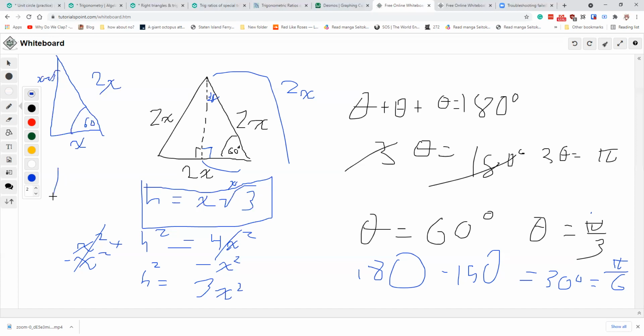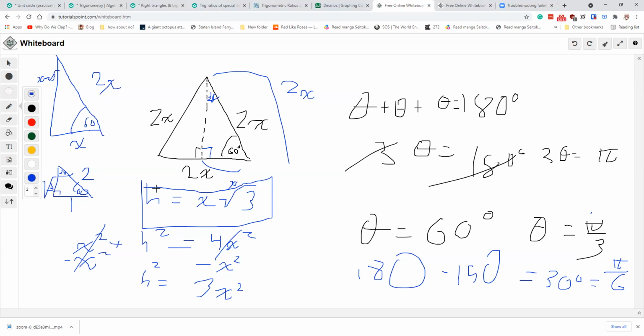Oftentimes, we just think of when x is equal to 1. When x is equal to 1, what do you get? You get 1, 2, and square root of 3.